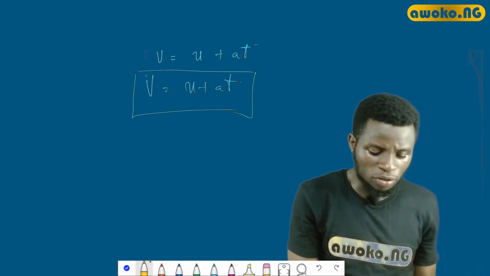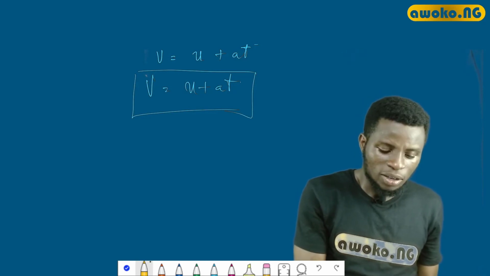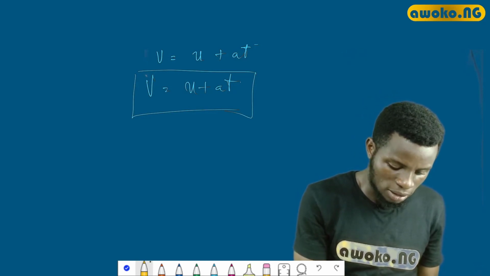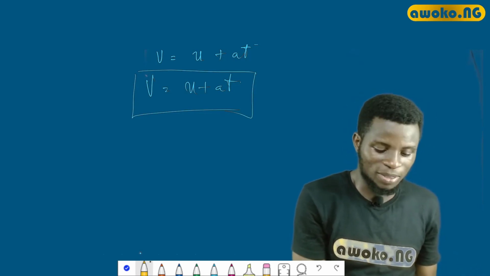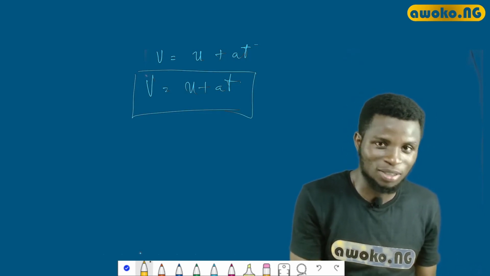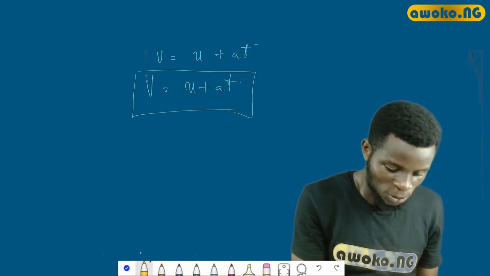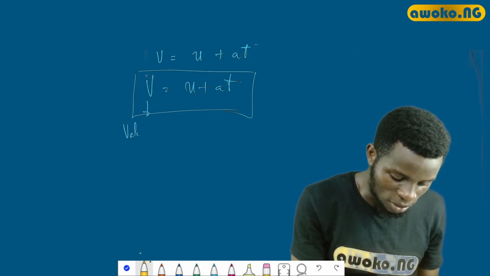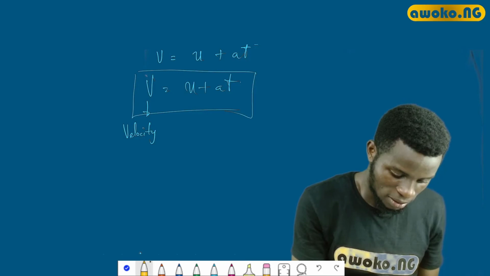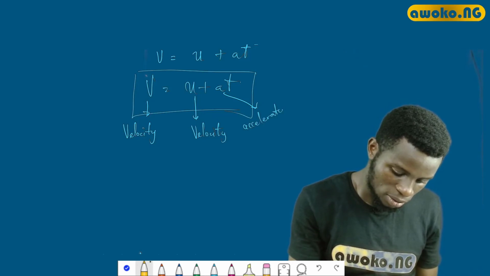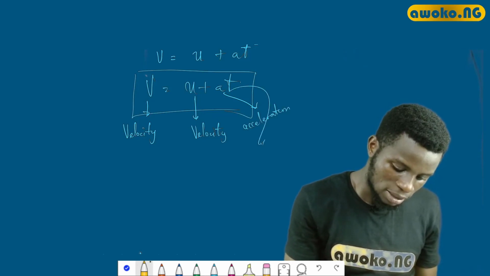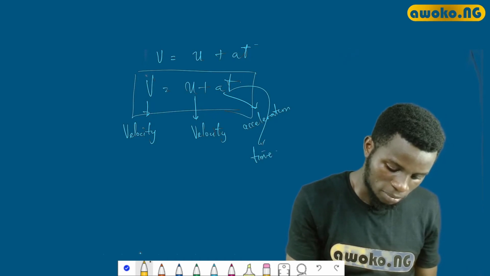The first thing you have to note is that V is velocity, because without knowing what each term is, then you can't analyze it. Okay, so this is the velocity. This is also velocity. A stands for acceleration and T stands for time.